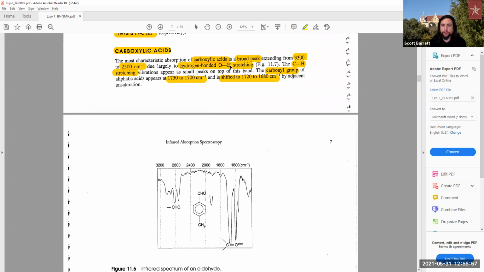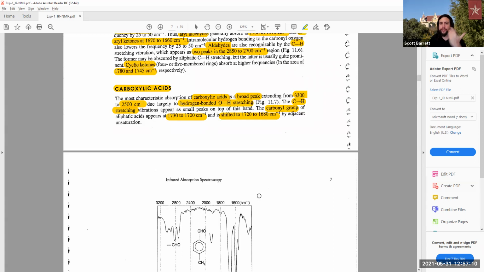And then the carbonyl, so here in this region on this graph, this is where we're looking for any sort of aldehydes, ketones, esters, carboxylic acid, anything in the carbonyls section. And the carbonyl group of a carboxylic acid is at 1730 to 1700, and it is also shifted to 1720 to 1680 by adjacent unsaturation.